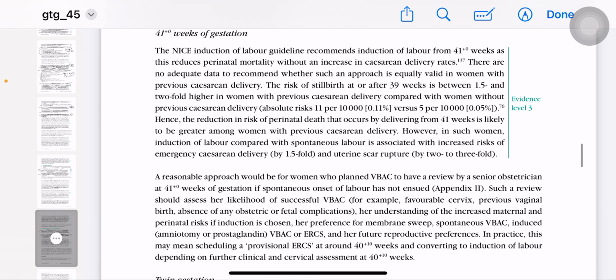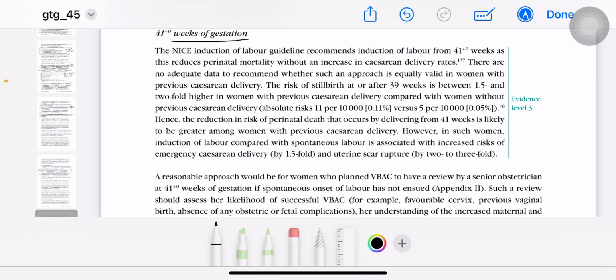Now, what about post-date, the 41 weeks or the NICE induction of labor? Recommend induction of labor from 41 weeks as it reduces perinatal mortality without increase in cesarean delivery. There are no adequate data whether this approach is equally valid in women with previous cesarean.